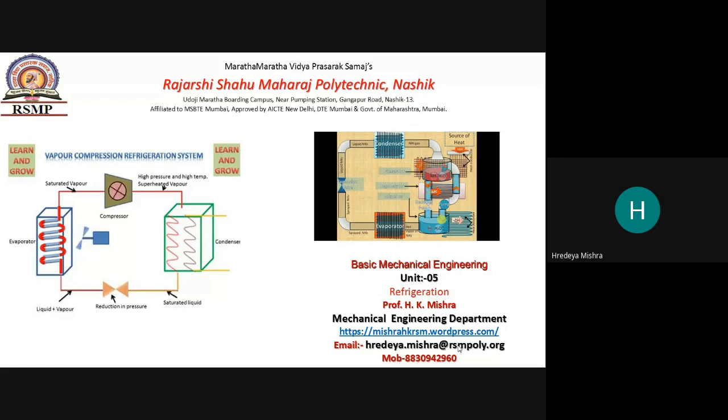In the previous lecture we talked about how domestic air conditioning works, what the requirements and types of air conditioning are, what the units are, and how we can purchase an air conditioner, for example a 1.5 ton or 2 ton AC, and BTU, British Thermal Unit. These are the things we discussed in the previous lecture.